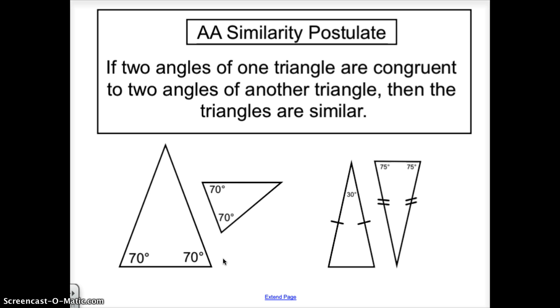So even though we define a similar figure as a figure that has corresponding sides in proportion, when you're talking about triangles, it's impossible to create those angles without having the relationship of their three sides to be in the same proportion. So whether it's 70 and 70 and 40, or whether it's another measurement of 30, 75, and 75, we're always going to have that ability to do that.